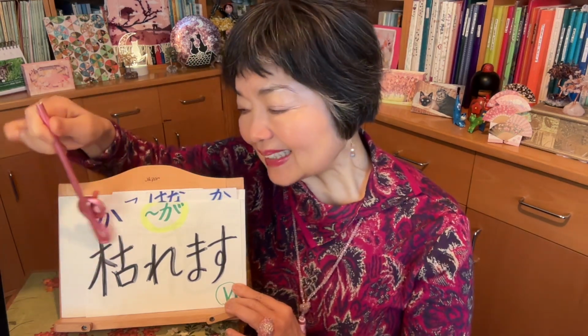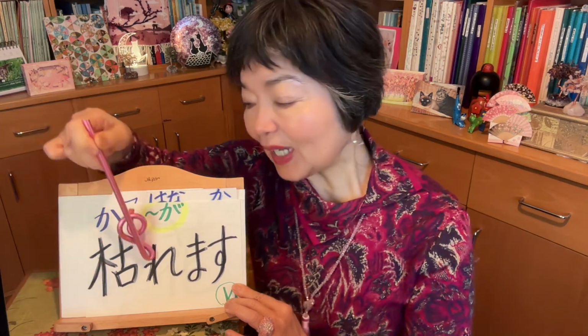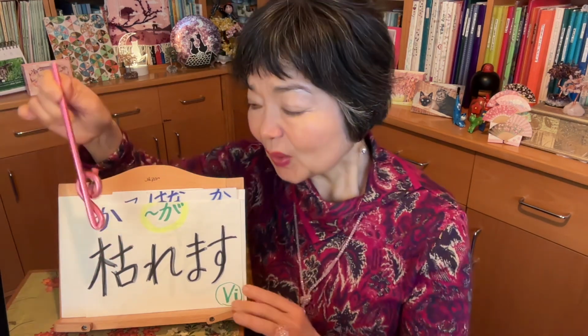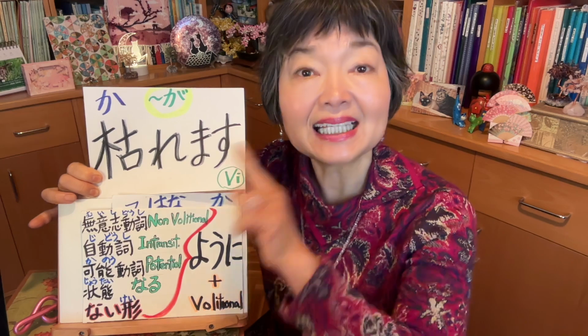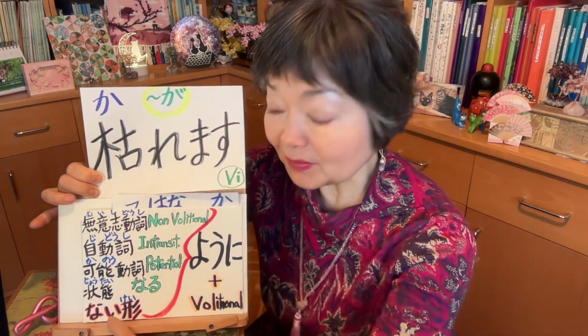The verb to wither. 枯れます。This kanji. Left part is ki, tree, and the right part is furui, old, ancient, old trees, so they wither. In this sentence, I'm gonna use this 枯れます in ない form. 枯れない. In the case of ない form, we can use transitive verb, intransitive verb, and any verbs.